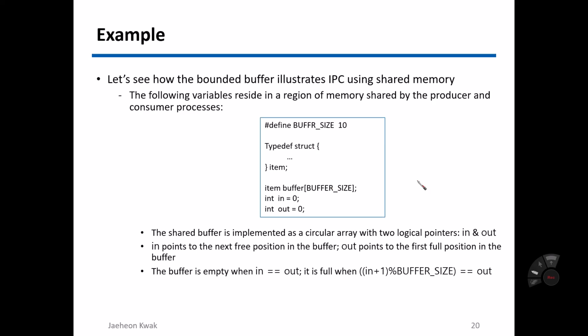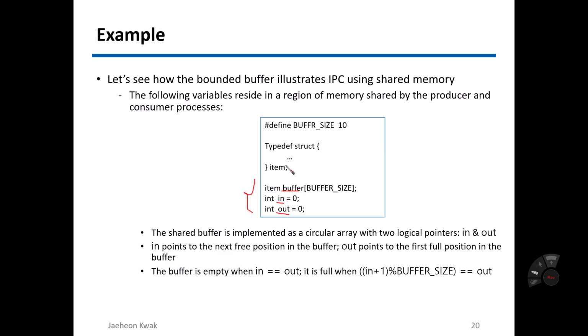Then let's see how the bounded buffer illustrates IPC using shared memory. Let's say the following items, the buffer, in, and out, reside in a region of memory shared by the producer and consumer processes.